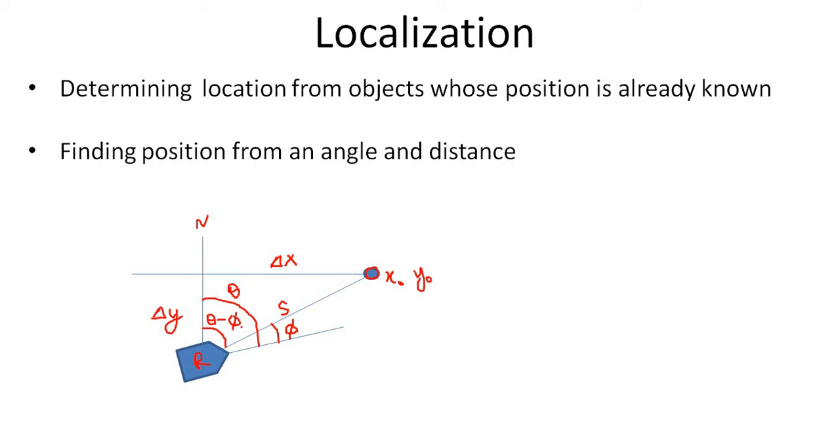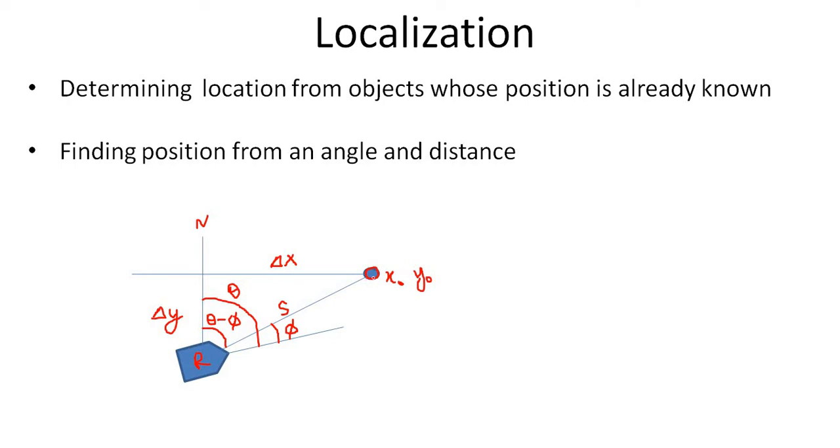Okay, so now we have all the required inputs, and what we want to calculate is delta x and delta y, which is the position of the robot with respect to this object.